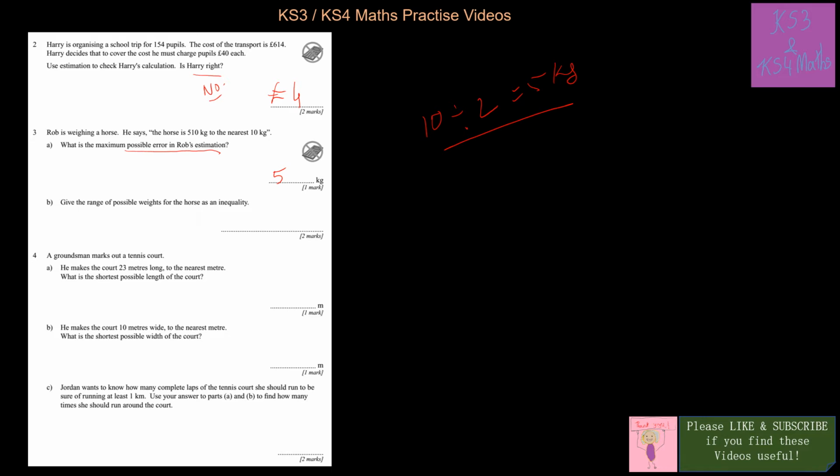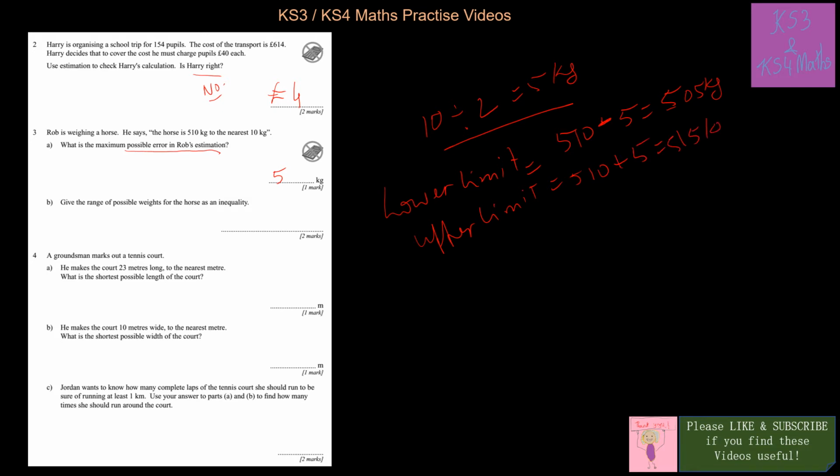So give the possible weights for the horse as an inequality. The lower limit would be 510 minus 5, that is 505 kg, and the upper limit would be 510 plus 5, which is 515 kgs.